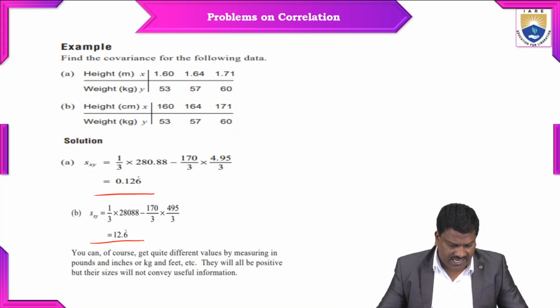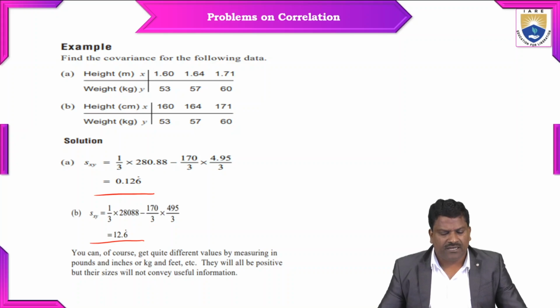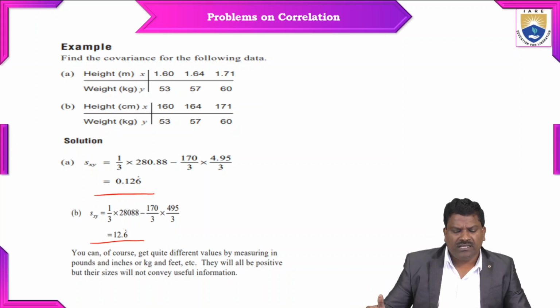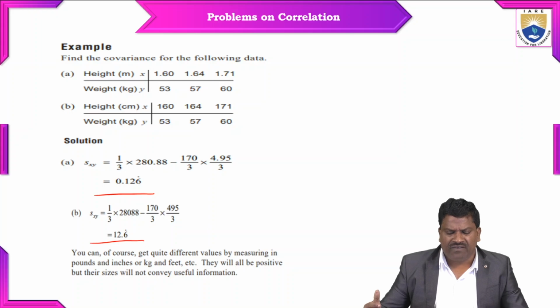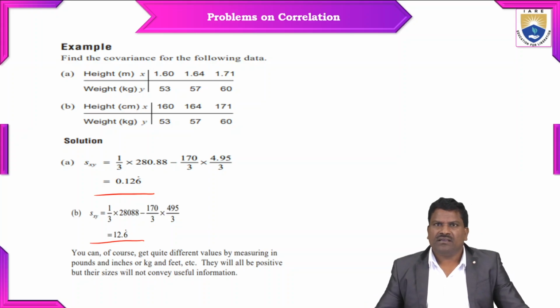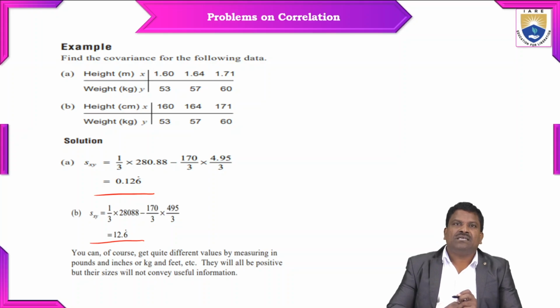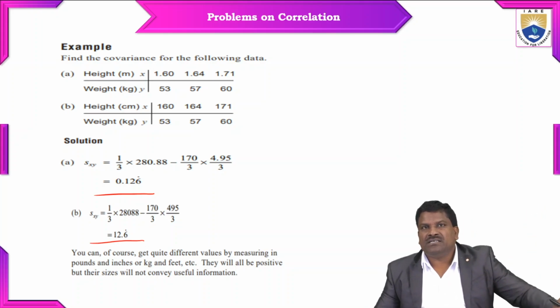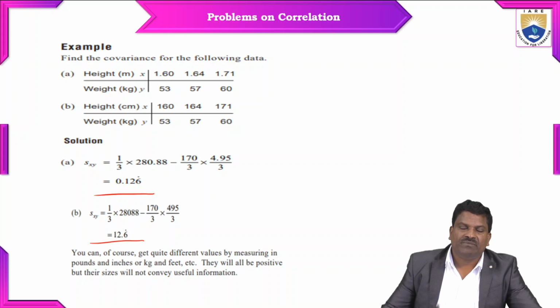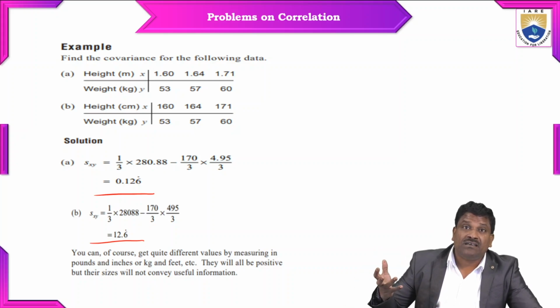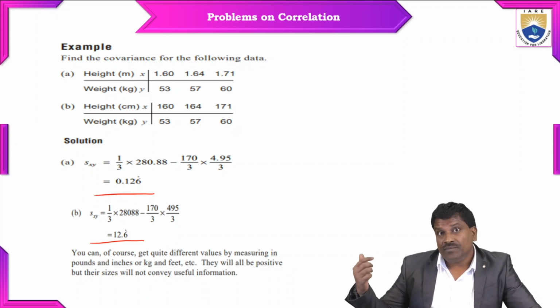Significance is very high here. Here we can see that we get quite different values by measuring in pounds and inches or kg and feet, etc. They will all be positive, but their sizes will not convey useful information because meter is very much different than centimeter, and kg is very much different than pound.